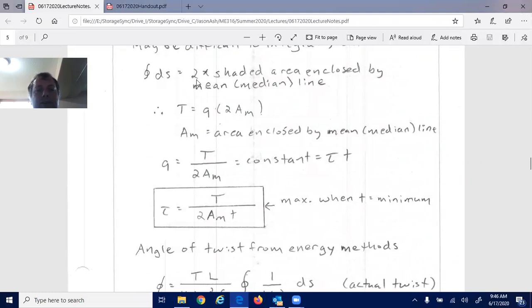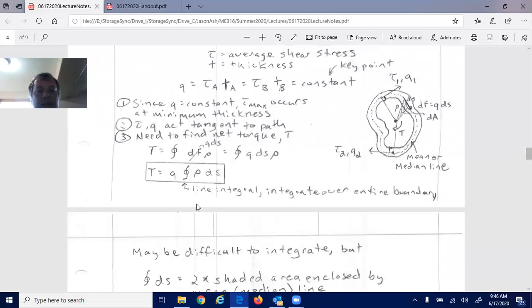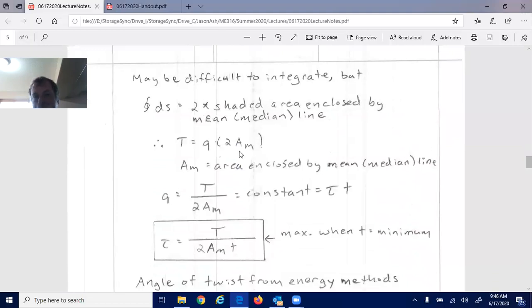But that's equal to 2 times the shaded area enclosed by the mean or median line. And then the corresponding torque is equal to Q times 2 AM. And so that breaks it down into the algebraic expression. It won't take me too long to look back at my notes.